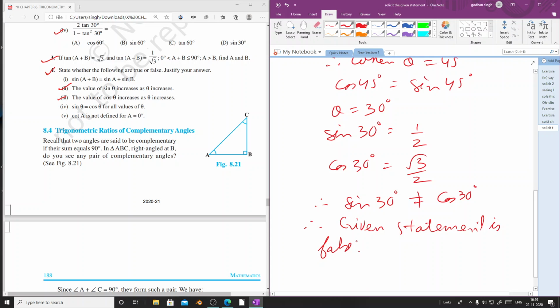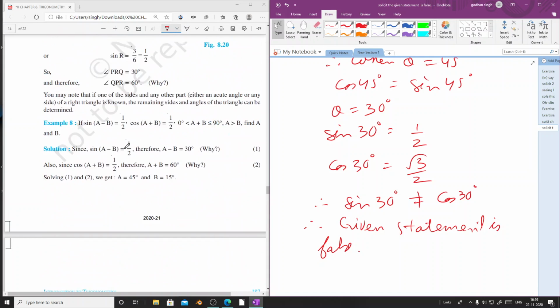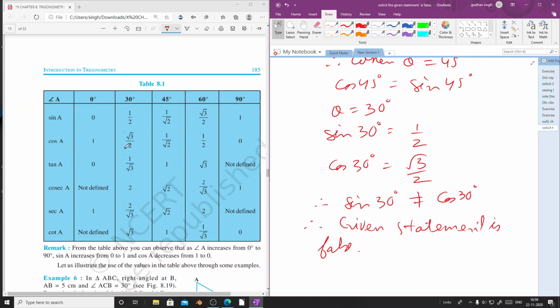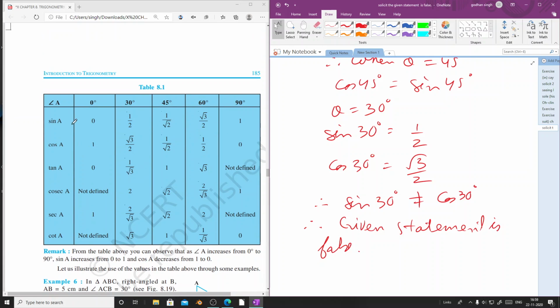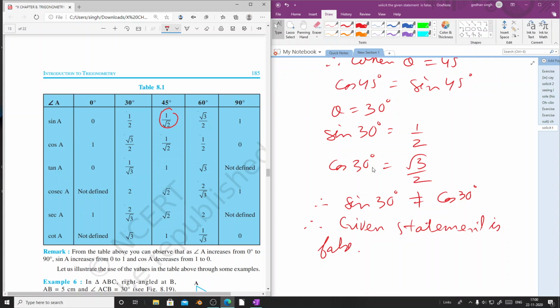Also, there is another way of doing it. We just have to refer to the trigonometric table. Here we can see this is the value of sine and this is the value of cos, and these are the angles. For 0 degree, sine 0 and cos 0 have different values. Similarly, for 30 also they have different values. And for 45 degree, both are equal, 1 by root 2.